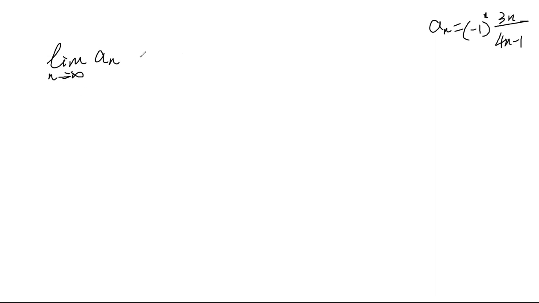So if you compute the limit of An as n approaches infinity, where An refers to the nth term in the original series, 3n over 4n minus 1, you realize this limit does not exist, because the absolute value is 3/4, but it's bouncing between 3/4 and -3/4 because of the -1 to the n power there.